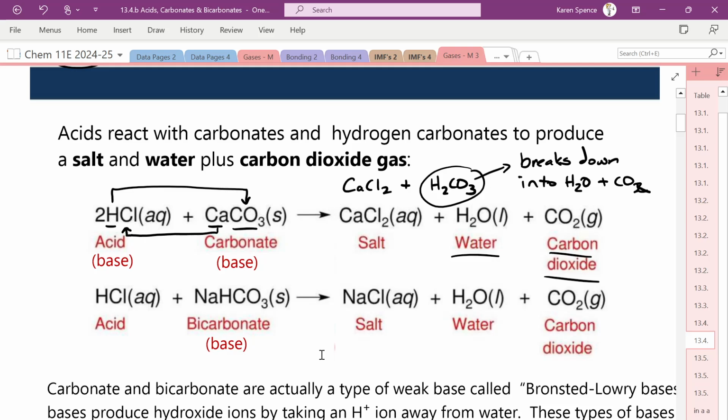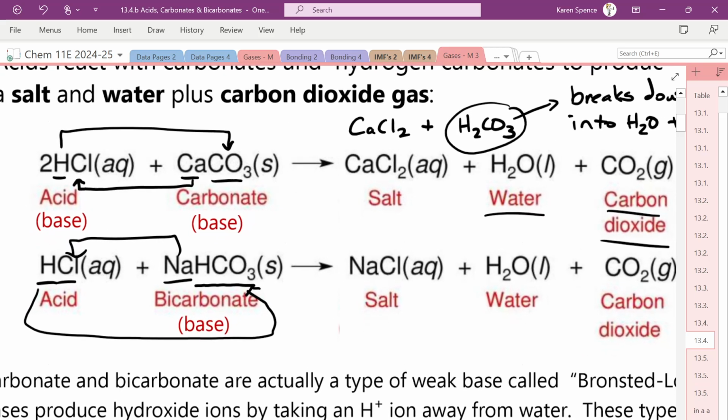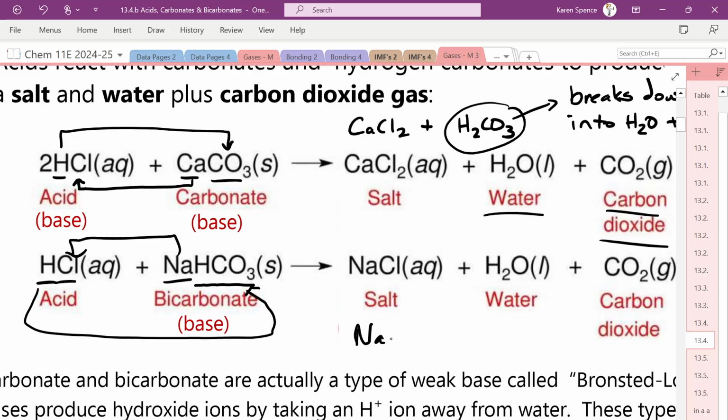Similarly, if we have our acid and a bicarbonate, again it's like a double replacement. So the H goes together with the HCO3, and the Na goes together with the Cl. So we end up with NaCl, which is pretty straightforward.